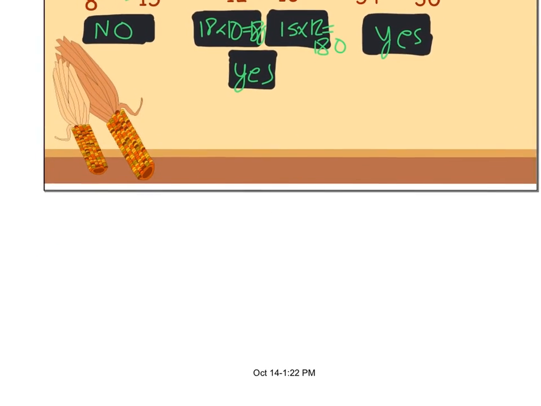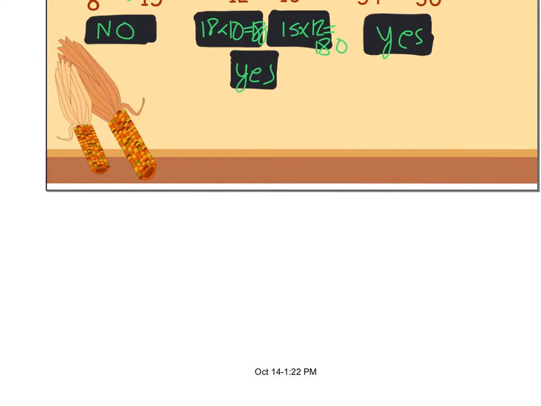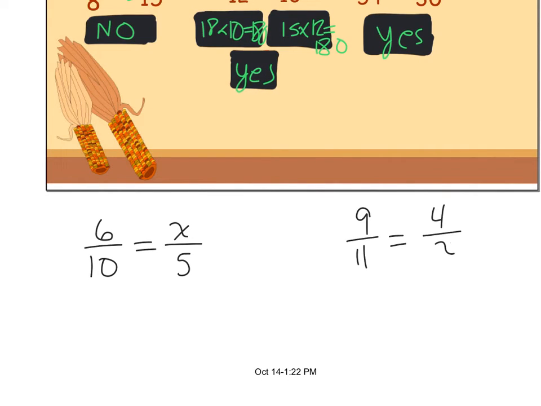So for example, I'll just find a blank space on your notes here real quick. I'm going to give you a couple of examples, and I'm going to show you how we're going to solve this. So if I have 6 over 10 equals x over 5 as my question number 1, and 9 over 11 equals 4 over x, we're going to solve both of these.